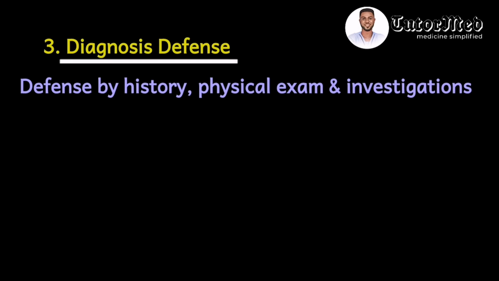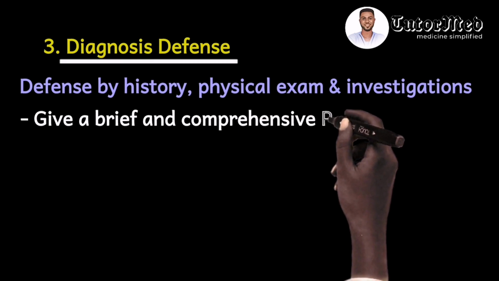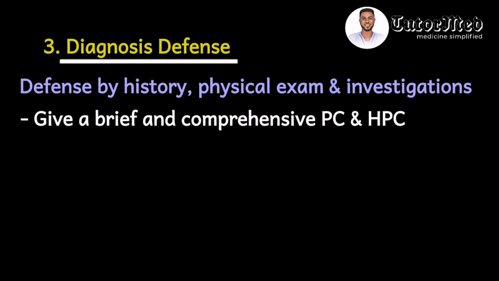And so, for the defense by clinical history, you give a brief and comprehensive presenting complaints and history of presenting complaints. For example, for the end-stage renal disease secondary to diabetic nephropathy with the anemia complication we gave in our previous slide, the defense can be like this.